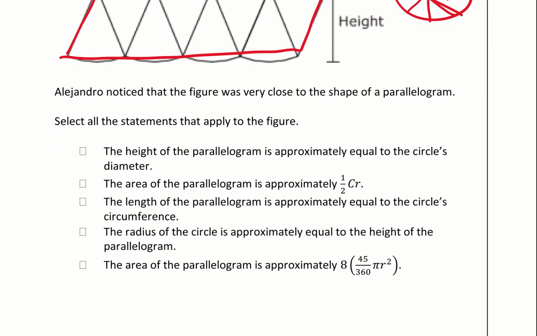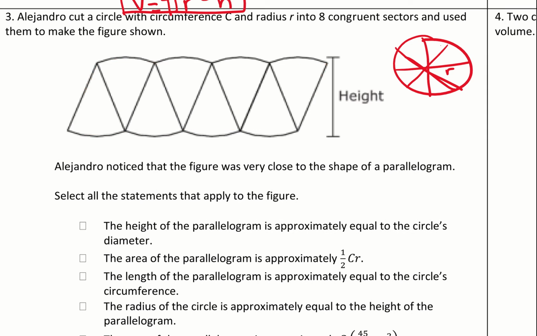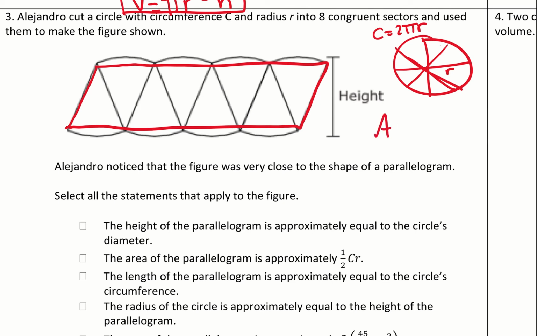So since it's very close to a parallelogram, let's see what the area of this parallelogram would be, if we were to calculate the area. We know that the circumference of a full circle is 2 pi r. We know that the area of a parallelogram is base times perpendicular height.